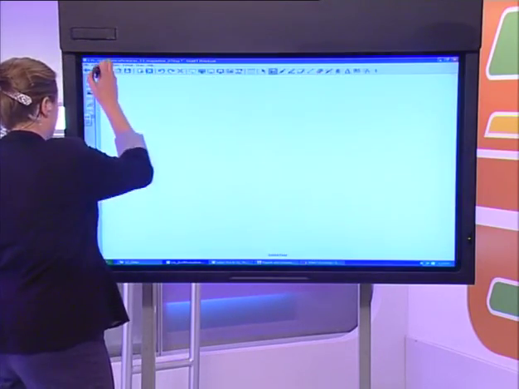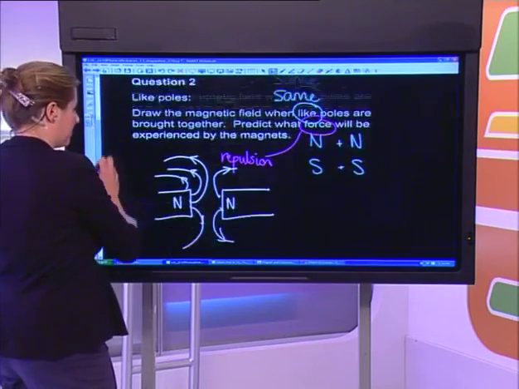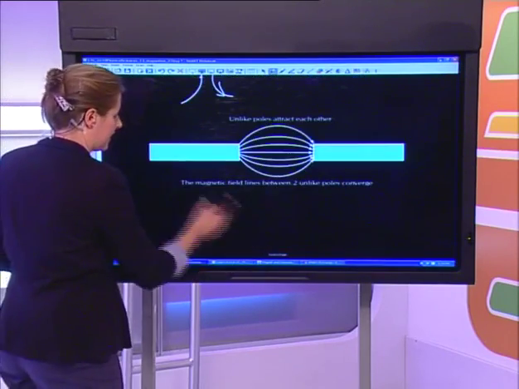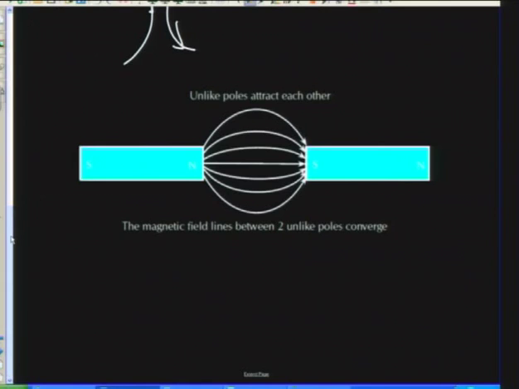On the next page, I happen to have these like ones. Unfortunately, they swapped around, but it's okay, we can go with that. There we have unlike poles attract. So this one is a north to a south. There I have from north towards south, and you can see the arrows.